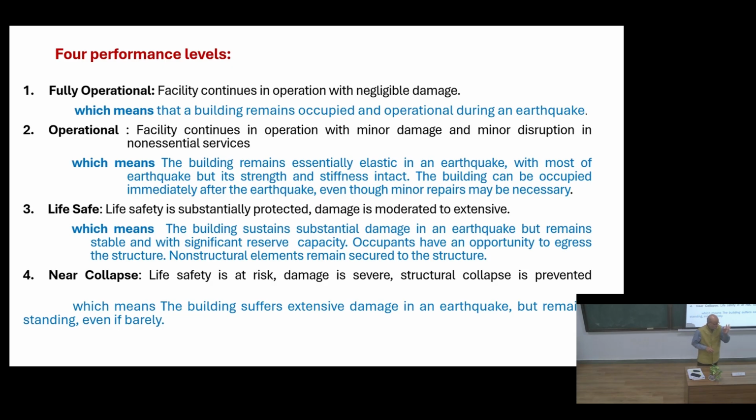There are two important parts of the structure when we design it. One is the strength, another is the stiffness. How strong you make the structure, if stiffness is not sufficient, instability of the structure comes into the picture. I mentioned one. Suppose you have a roof.